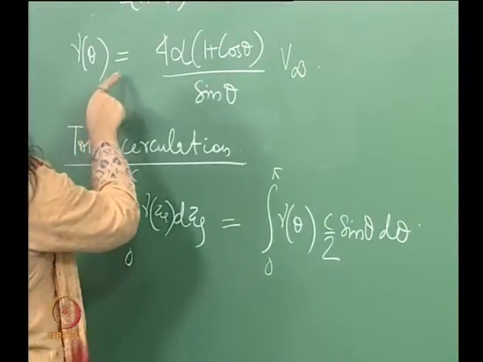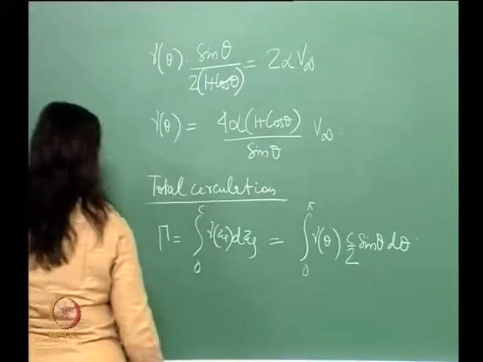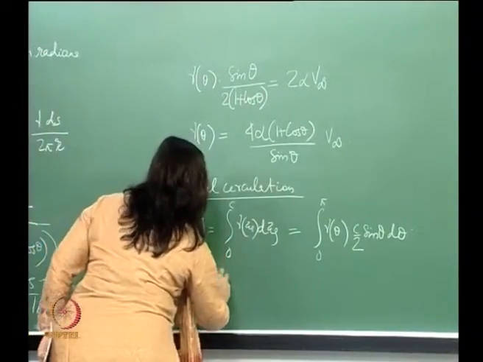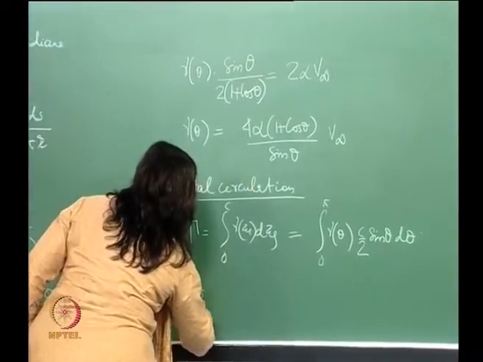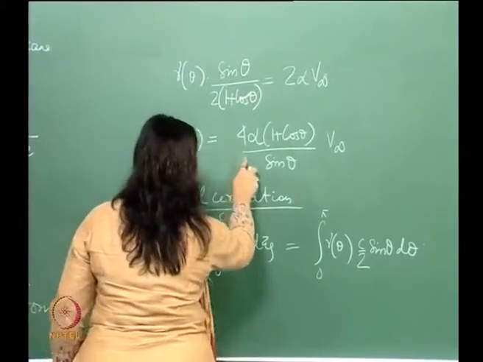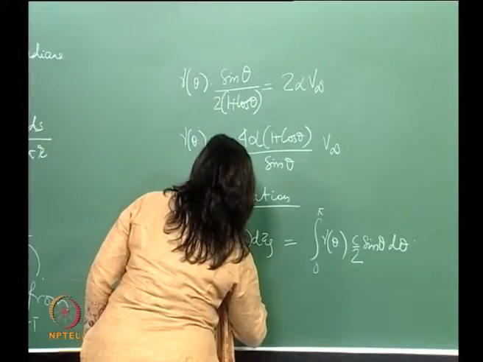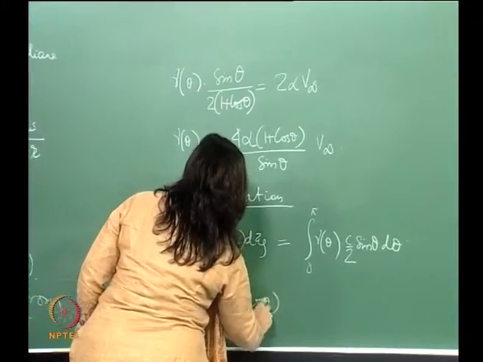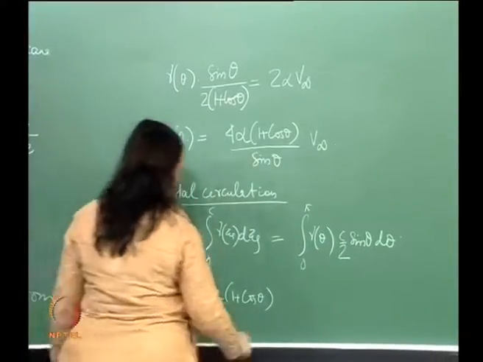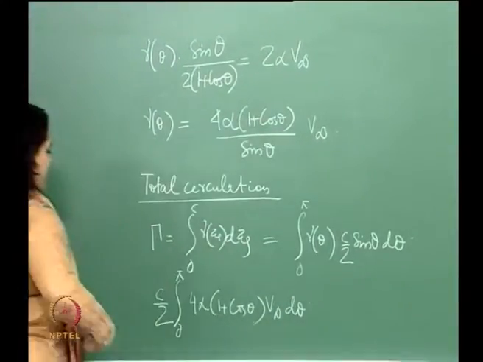We will bring in this expression of gamma theta into here. So, this becomes c by 2 integral 0 to pi, gamma theta is 4 alpha 1 plus cos theta by sin theta. This sin theta and this sin theta cancel out. Then we have v infinity and d theta.